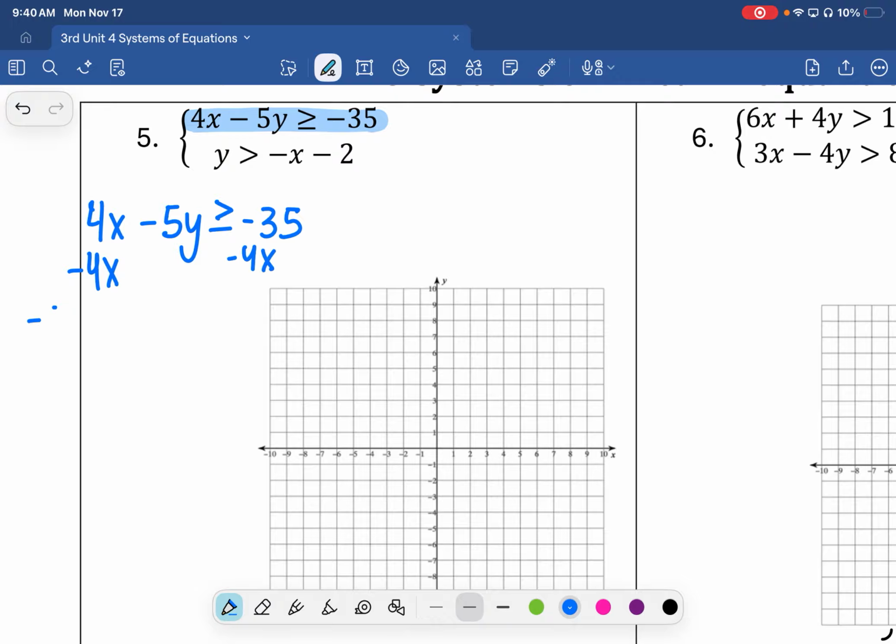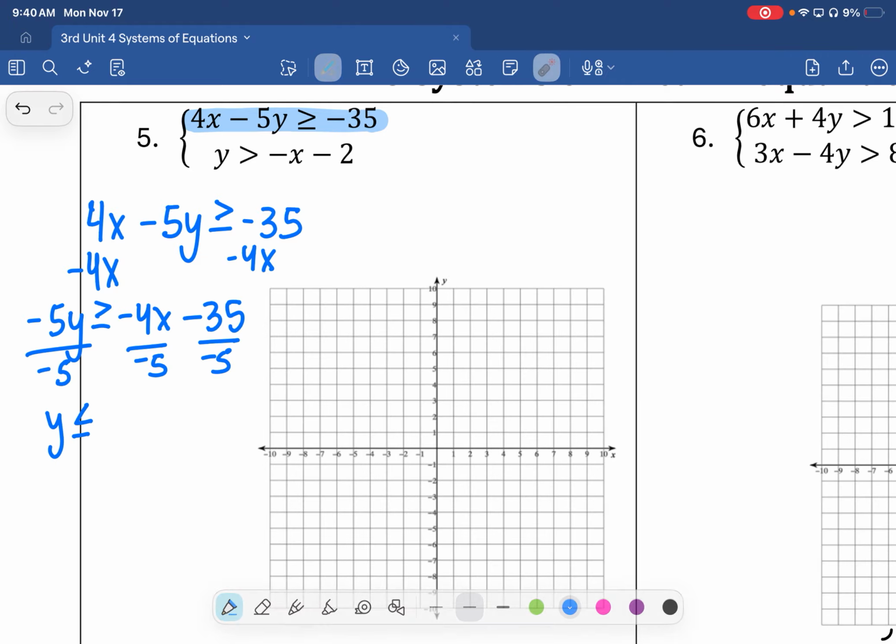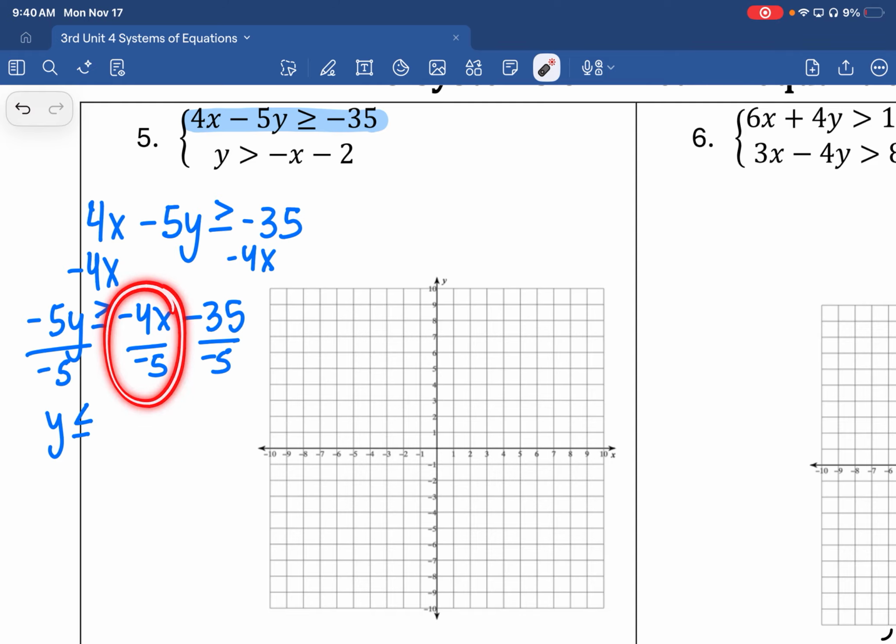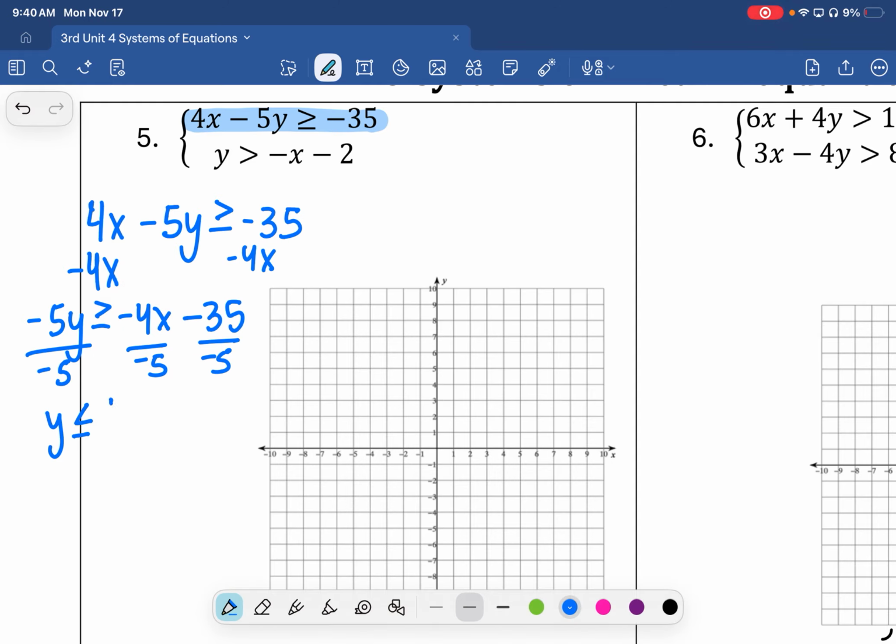So we get -5y is greater than or equal to -4x minus 35. Divide by -5. It flips it. So y is less than or equal to, what does this simplify to? 4/5 x, because a negative and a negative make a positive, +7.